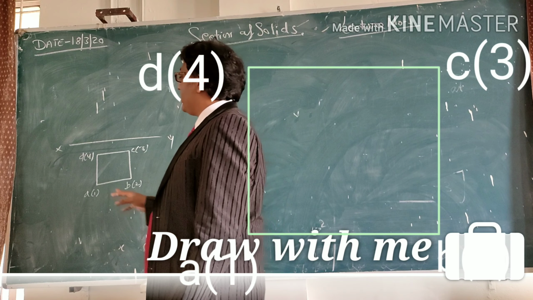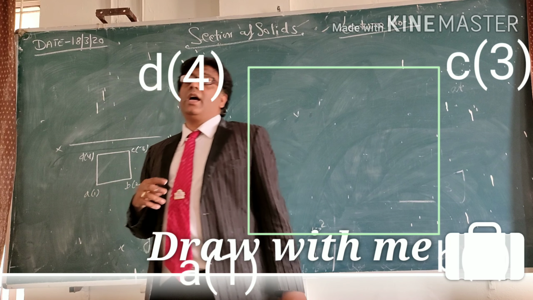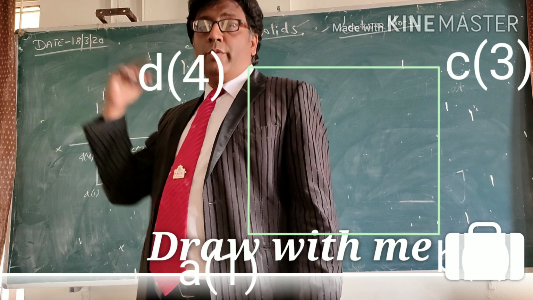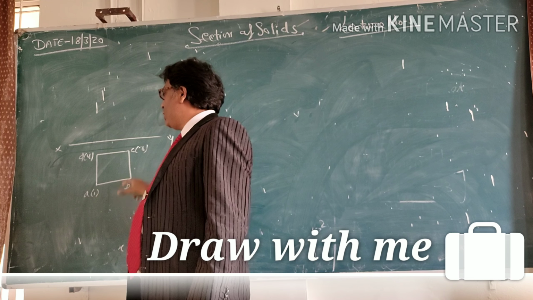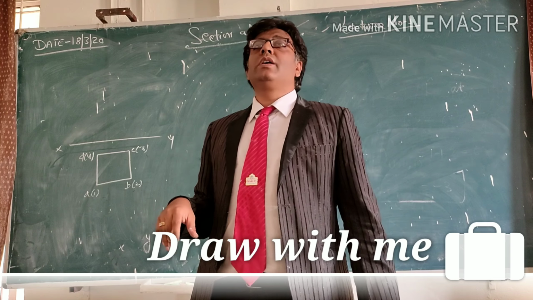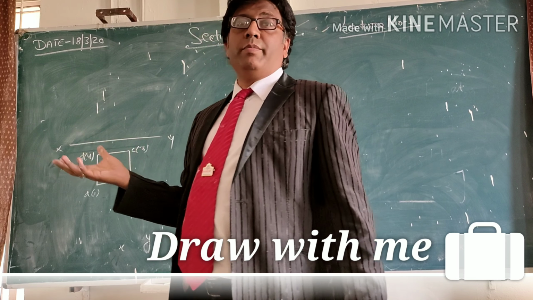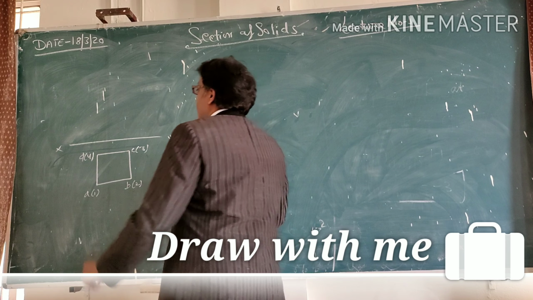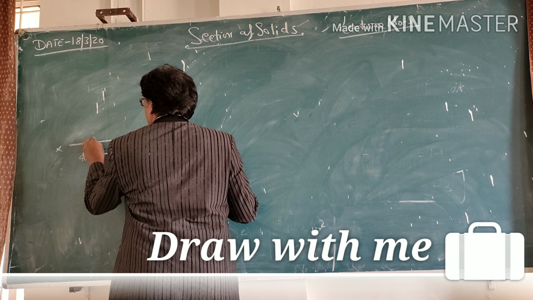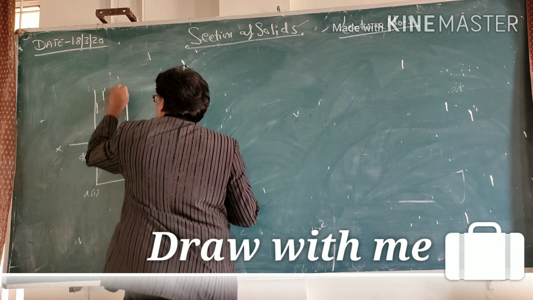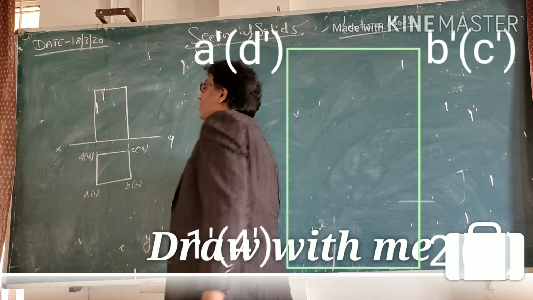So all of you know that A, B, C, D are the namings of the top base because they are not in the brackets, and 1, 2, 3, 4 are the namings of the bottom base because they are in the brackets. And in the front view, this is our front view of a square prism.